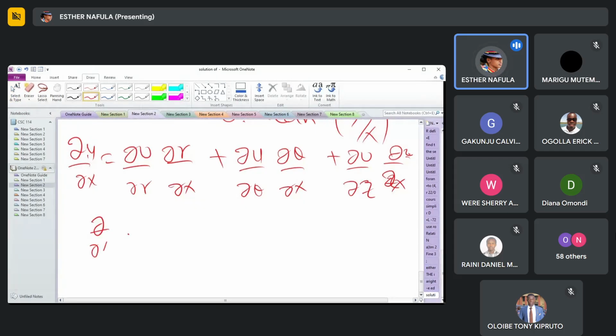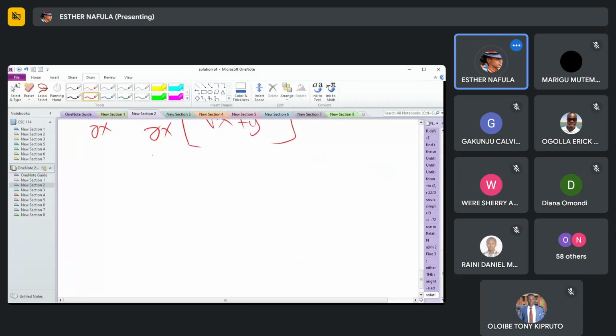Partial r partial x is the partial derivative with respect to x of our r, which is square root of x squared plus y squared. We can write this as partial x of x squared plus y squared raised to power a half.